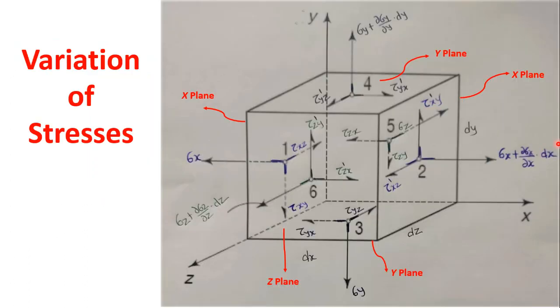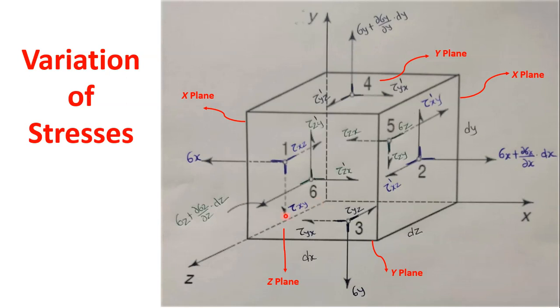Now let us discuss the variation of stresses. Here we again have the x-axis, y-axis, and z-axis, and this is the origin of the reference system. There are different planes: first the x plane, this is again an x plane, the y plane, this is the y plane, and here this is the front z plane, and this is the rear z plane. So there are 6 planes.